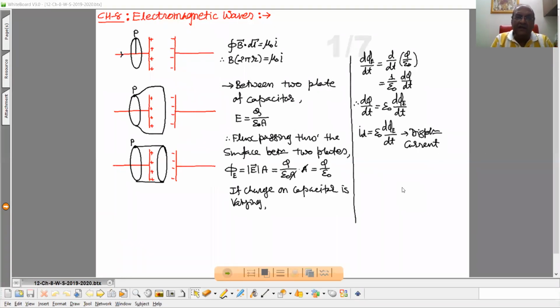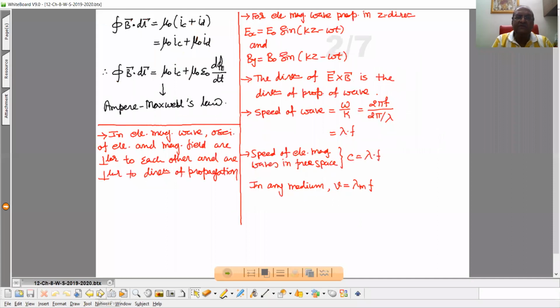Now, here in Ampere's Circuital law, he felt something is missing, and he added that particular missing term as displacement current. So he rewrote Ampere's Circuital law, integration B dot dl, that is mu 0 into, now here the current in the circuit is of two types.